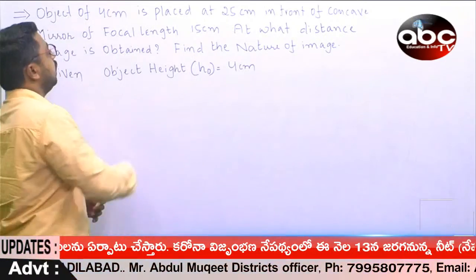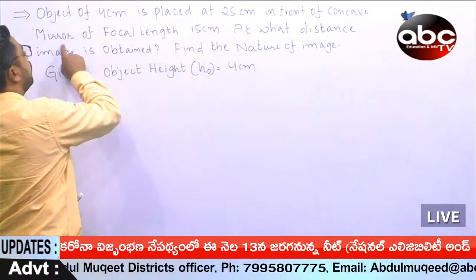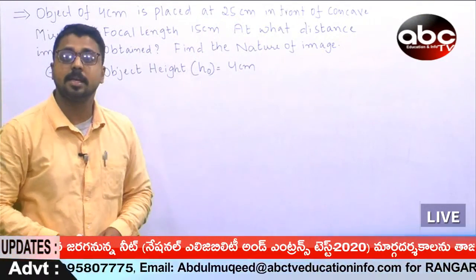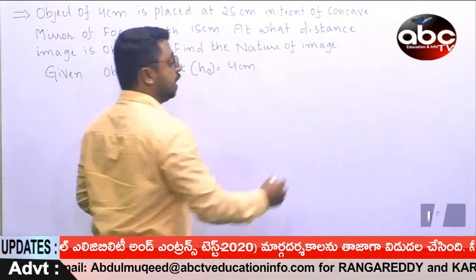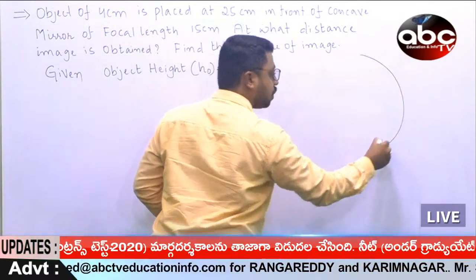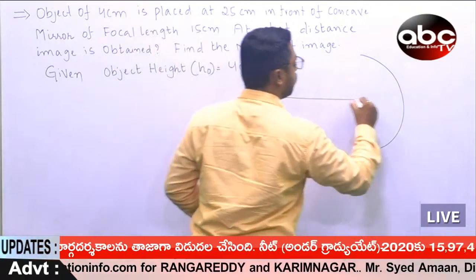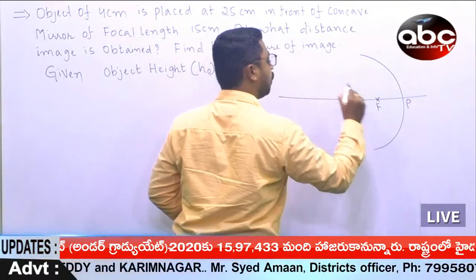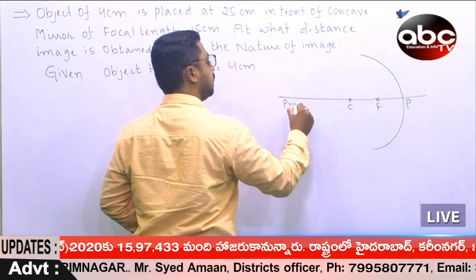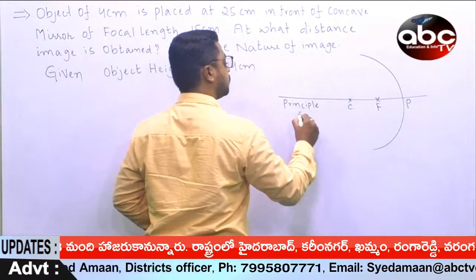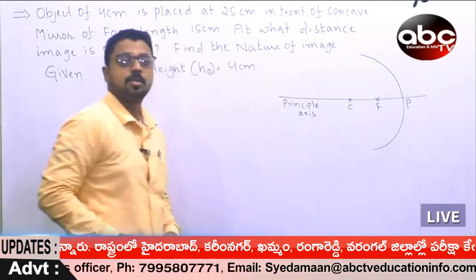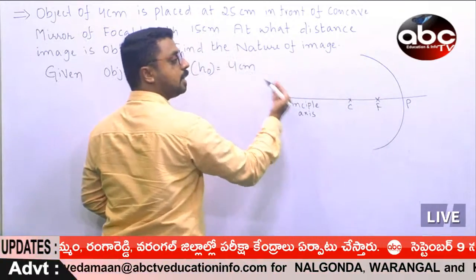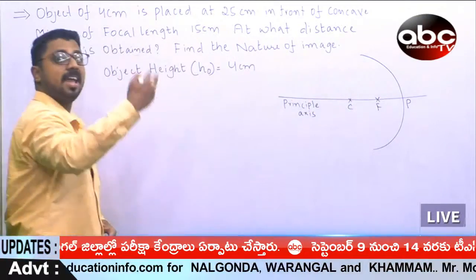Whereas in front of the concave mirror at a distance of 25 centimeters. That is on the active side of the mirror. For suppose this could be a mirror, this could be the principal axis, pole, focus, center of curvature. So in front of a concave mirror means on the active side, not on the inactive side.